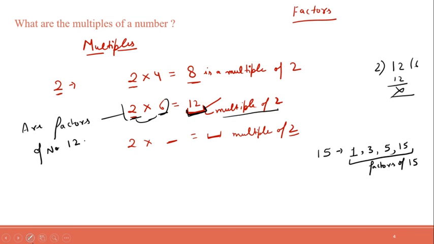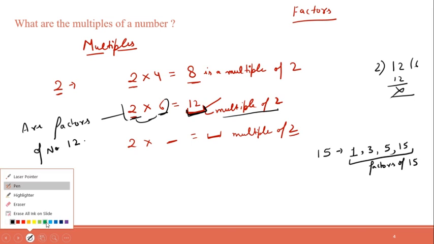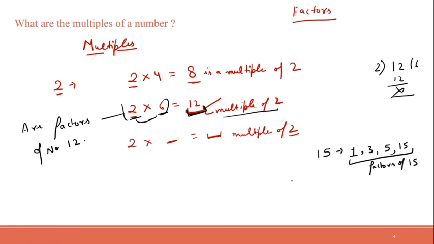But at the same time, if I take this factor 3, if I multiply 3 with 5, I'll get 15. So I can say that 15 is a multiple of 3. Got it? That means 3 is a factor and 15 is a multiple of 3.